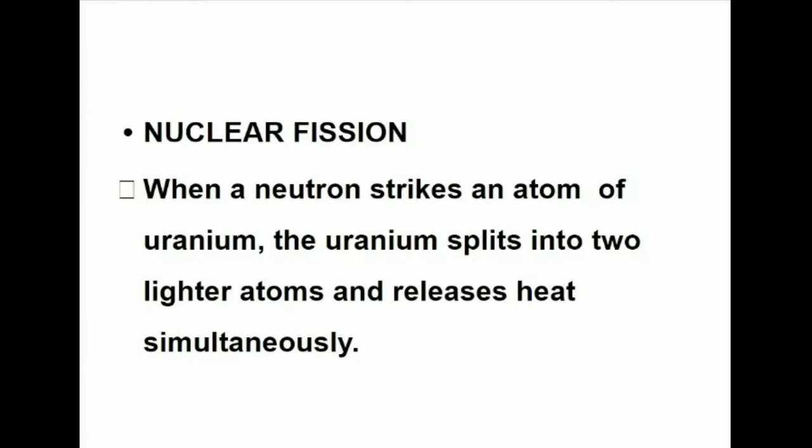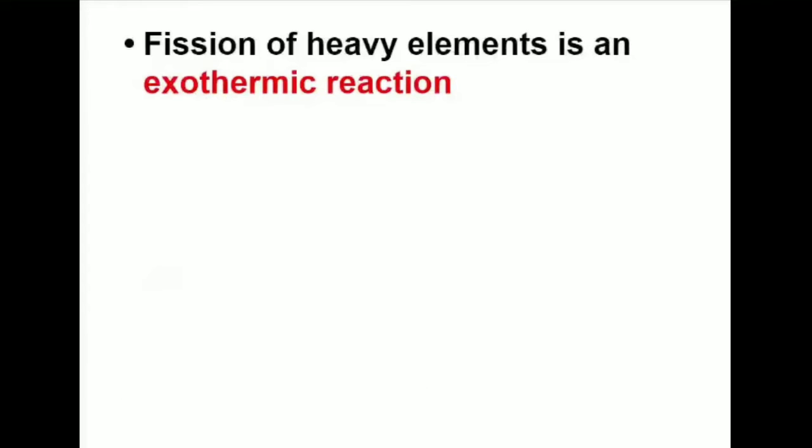plutonium-239. Nuclear fission: when a neutron strikes an atom of uranium, the uranium splits into two lighter atoms and releases heat simultaneously. So nuclear fuels are used for production of heat energy by means of a process called nuclear fission. Fission is an exothermic reaction, that is a heat liberating process.